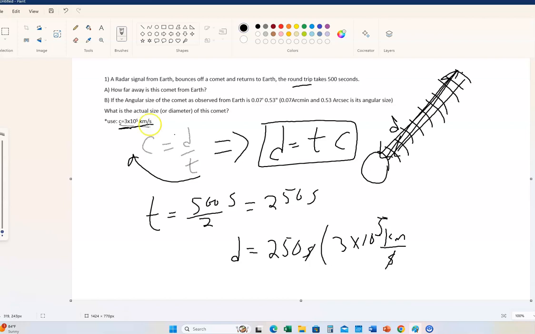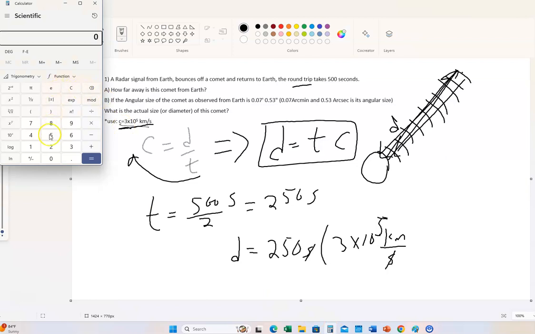All right, so we just need a scientific calculator. So let me get that. With this calculator, and yours might be a little different, remember, when you type in 3 times 10 to the 5th, you're never hitting times, you're never hitting 10. You've got to know how to do this with your calculator. Usually, it's an EE button or an EXP button. With this one, it's the EXP button.